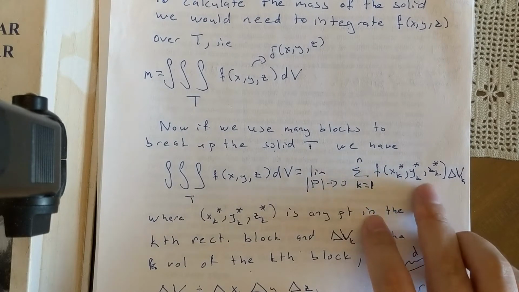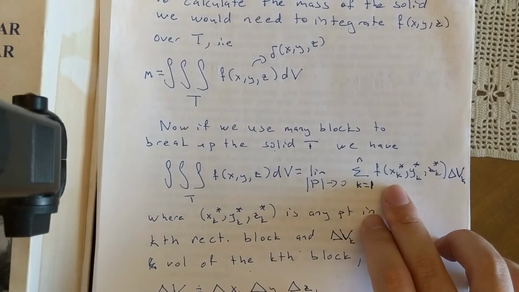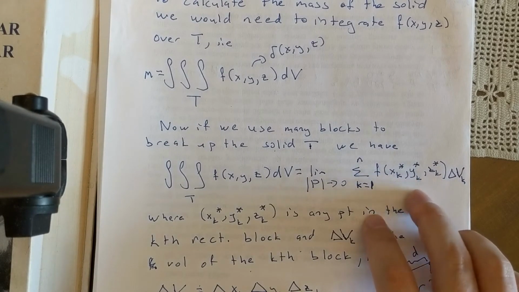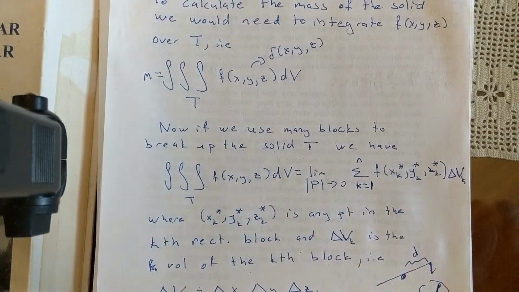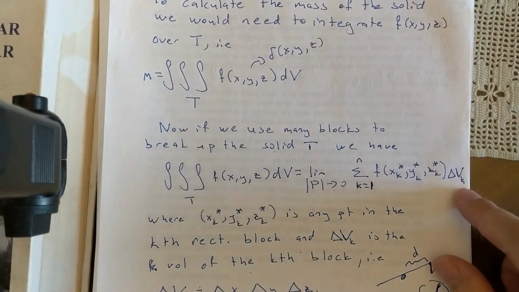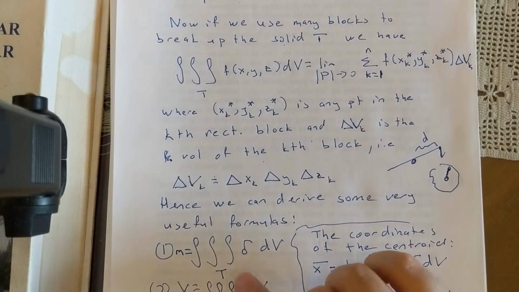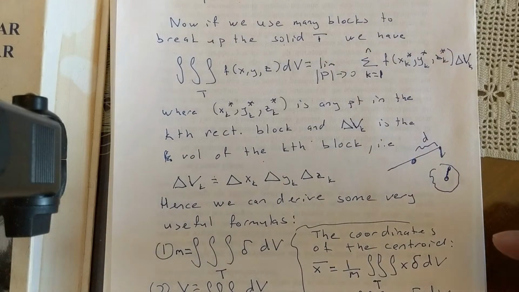Given any three coordinates in three-dimensional space, it's assigning a value, like its density, to each of those points. The reason I put star is these are any points, xk star, yk star, zk star, in the kth box, however you divide it up, times delta Vk, and delta Vk is just the volume of the kth box, so delta Vk is equal to delta zk, delta yk, delta xk multiplied together.